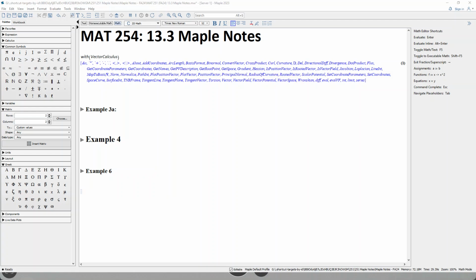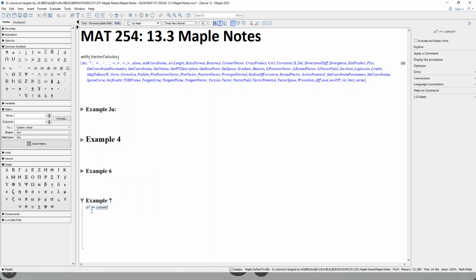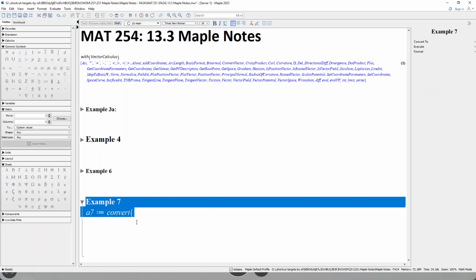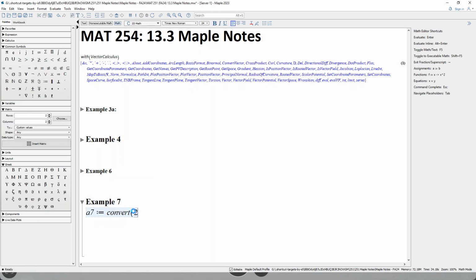I'm going to make a new section and call it example 7. Let's find that angle. I'm going to name the angle A7 colon equals. Maple doesn't really like degrees, so I'm going to convert 20 degrees to radians.